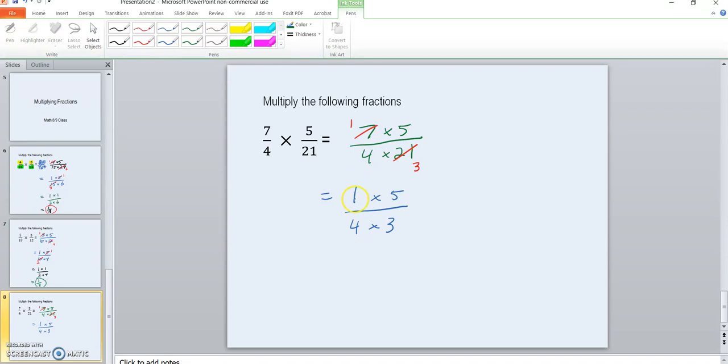And in this particular question, nothing more can be simplified. So 1 times 5 is 5, and 4 times 3 is 12. And that's my final answer.